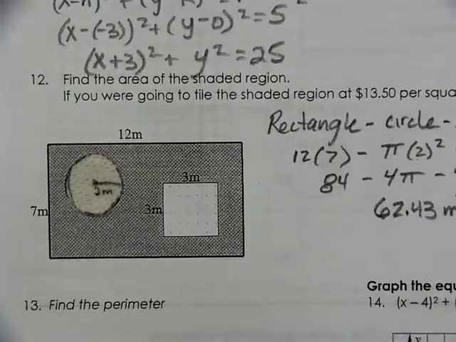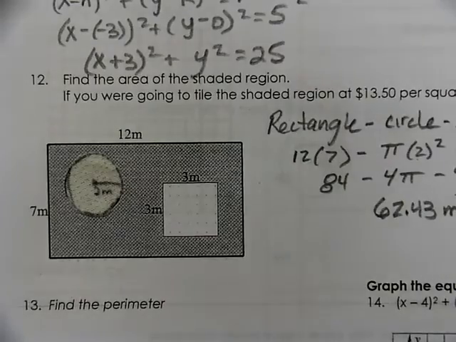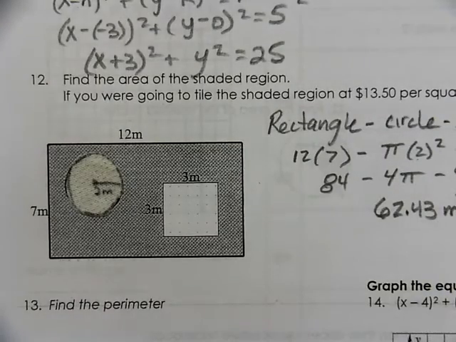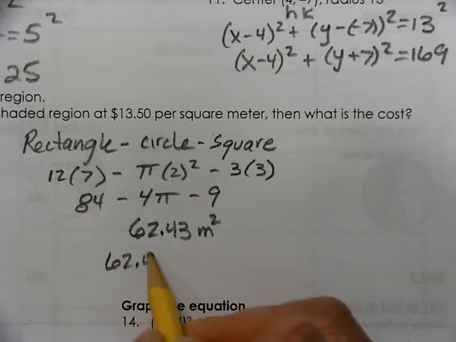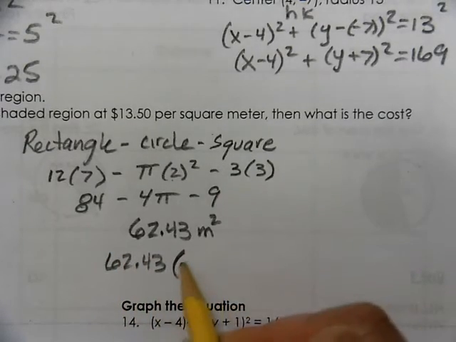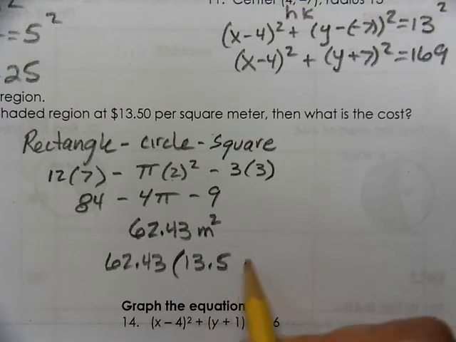Those are meters squared. Now, if we're going to buy a tile for $13.50 for every square meter, we're going to take our 62.43 and times that by 13.5.